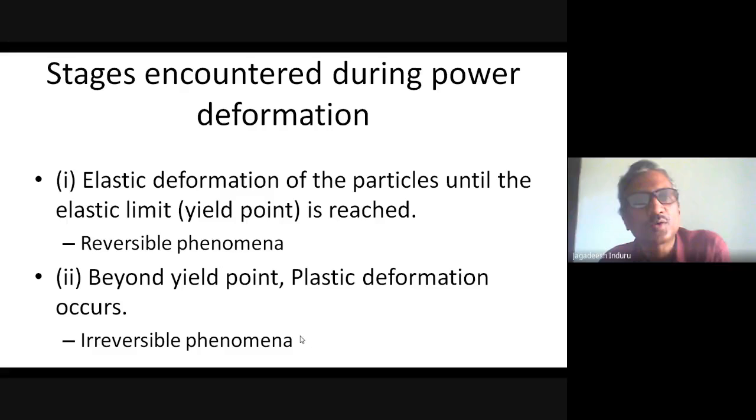The elastic material will get compressed and again become a powder after relieving your strain, after lifting your upper punch. This is what we need to understand. So this plasticity is decided by the yield point. If very high yield points are present, it is very tough to make them into a tablet, and very tough to reduce their size.